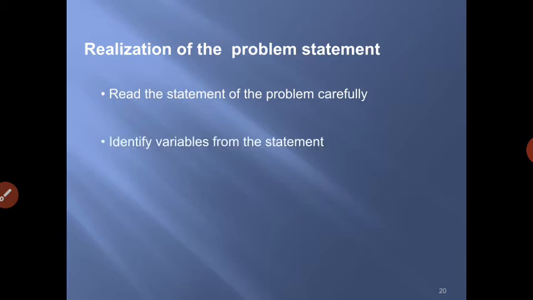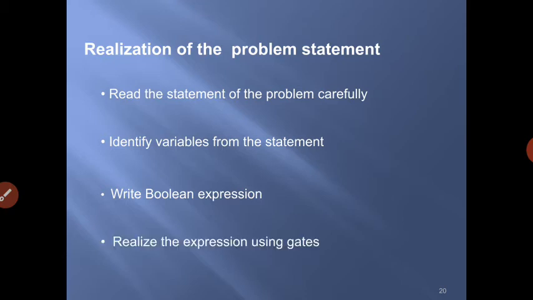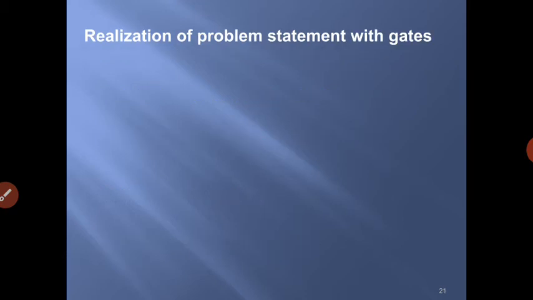Read the statement of the problem carefully and identify all the variables that we can derive from that statement, and also write the Boolean expression corresponding to the variables. After identifying the variables from the statement, we need to write the Boolean expression based on the conditions given with respect to those variables, and then realize the expression using basic logic gates. So this is the procedure for realization of any given problem statement.